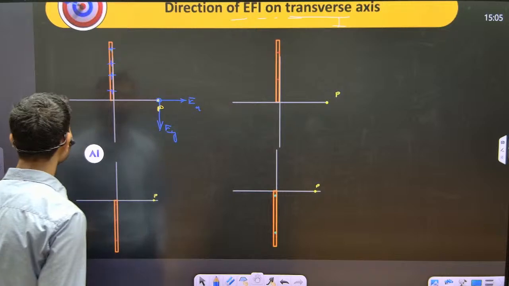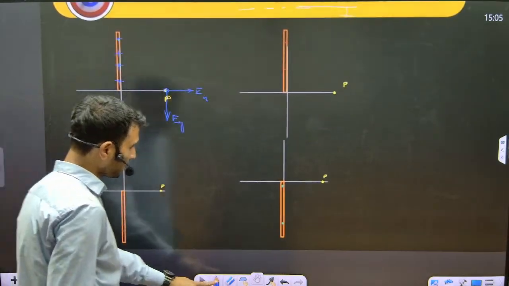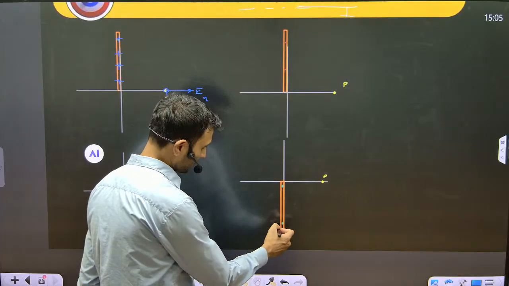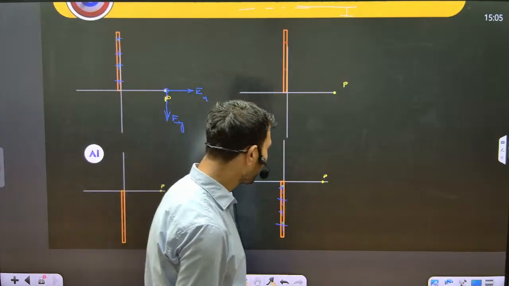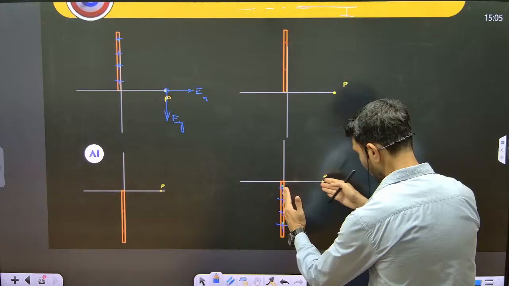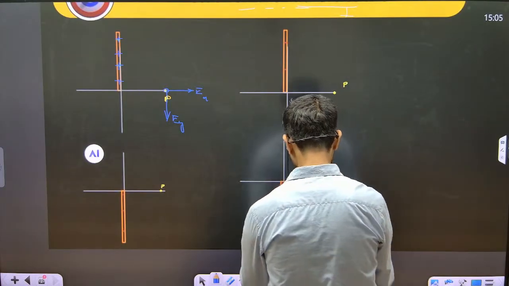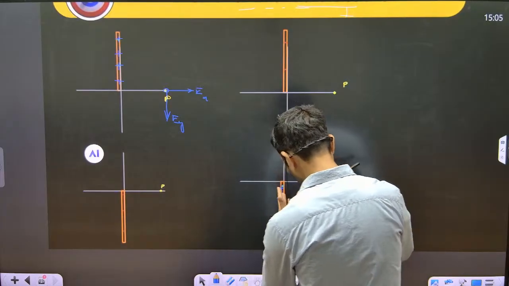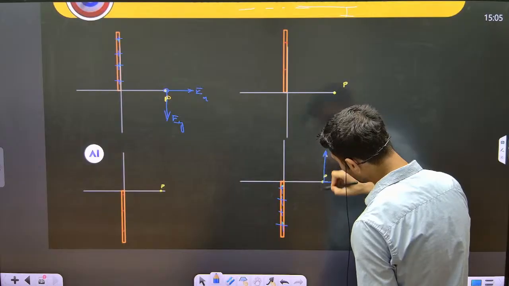So we got some positive charge here, right? At point P, where will the electric field be, guys? Electric field will be from the positive charge just away, right? Away. So it will be in this direction. And vertically it can't be towards, because then it will go towards the positive charge. Everything is away, so it's like here.